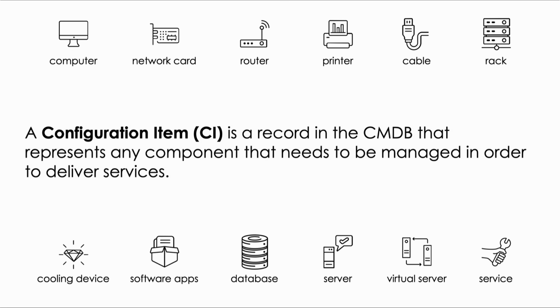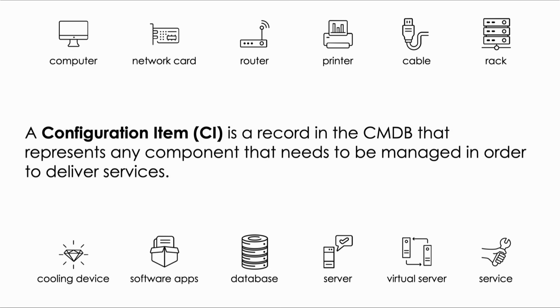One last thing I'll mention here is the fact that while having all of these items in a database is great, what really makes this valuable is understanding how they're configured and connected together to provide something useful. For that reason, the CMDB also stores the relationships that exist between those different CIs.